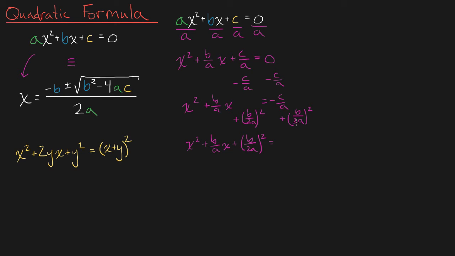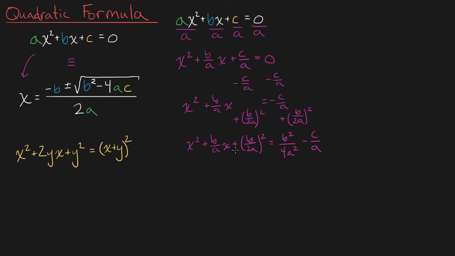And in the process of doing that, I'm also going to multiply this out. So b over 2a squared is equal to b squared over, let's see, 2a squared is 4a squared. 4a squared, and then I can't forget this, subtract c over a.